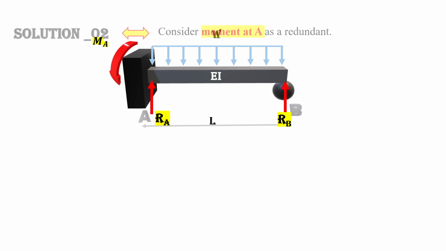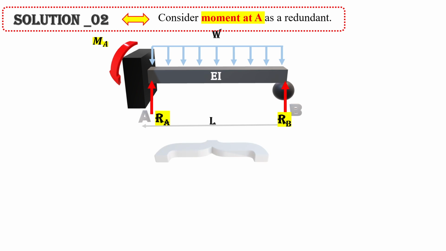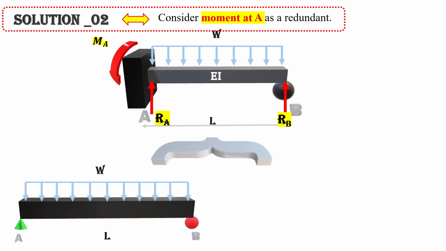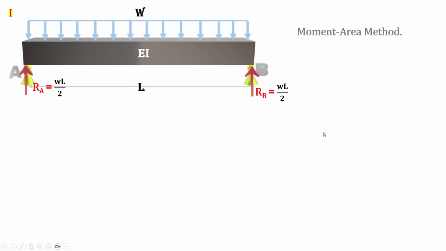So if we consider the moment at A as a redundant, our problem dissects into two determinate beams, two simply supported beams, one of them handling the distributed load of W, the other just a simply supported beam with the moment M sub A. And by applying the superposition of those effects, we can get the reactions at RA and RB.